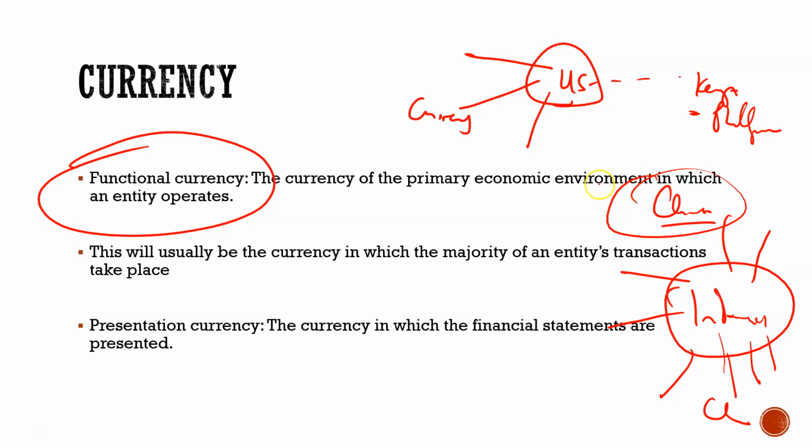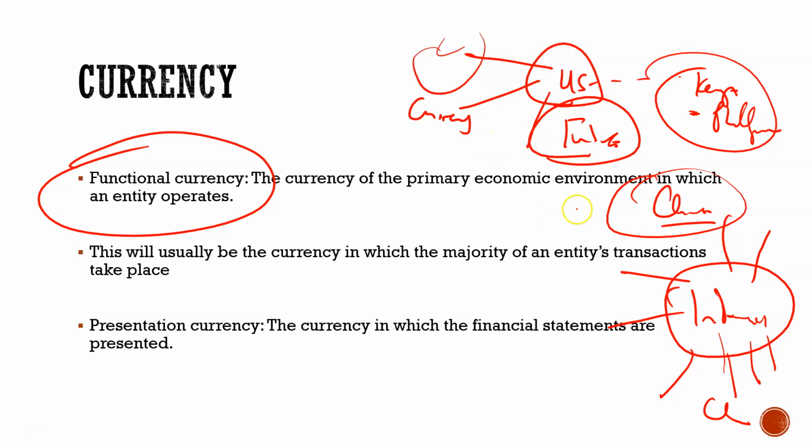Another interesting way of looking at it is to argue that if I can't quite work out what your functional currency is based on who you're trading most of the time with and who you're buying your goods from in terms of the greatest percentage, then I'll look at your funding and say, well, who's funding you? Let's think about this Indonesian situation.